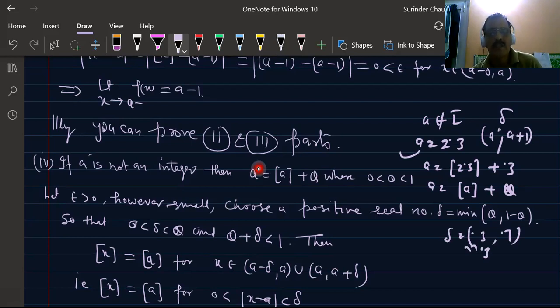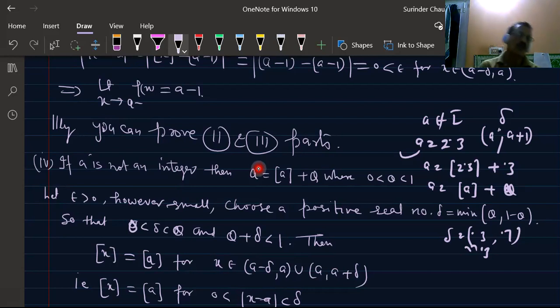So 0 is less than delta, less than theta, and theta plus delta is less than 1. If delta is equal to 0.6, theta plus delta would not be less than 1. Otherwise the values would not lie between the integer part and that plus 1, but beyond it, so we can't discuss this function.